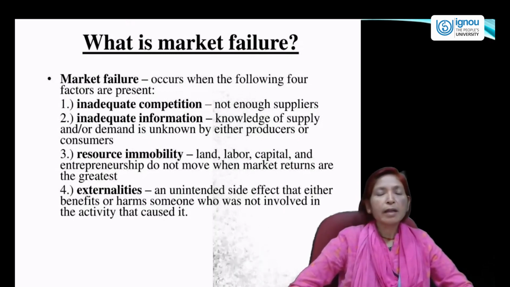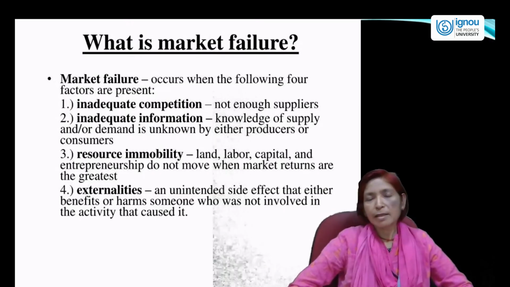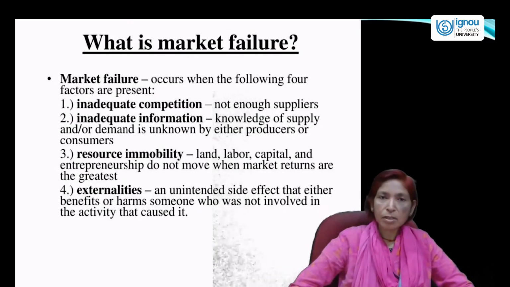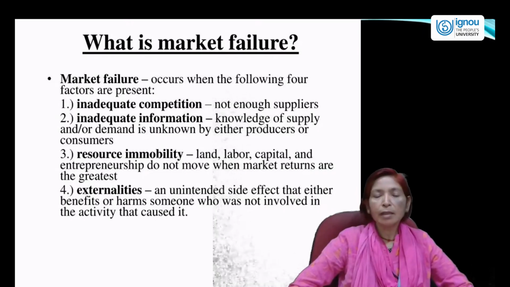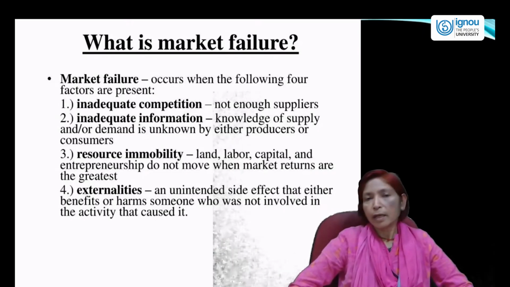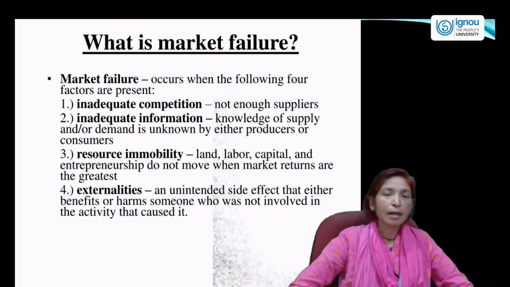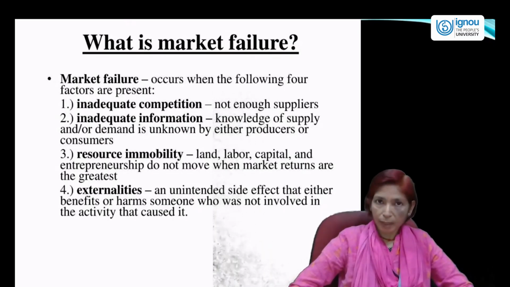Externality means when the action of one person affects another, that is called externality. Externality is an unintended effect that either benefits or harms someone who was not involved in the activity that caused it. So externality is the main cause of market failure because one person's action affects others, sometimes in a positive way and sometimes in a negative way.